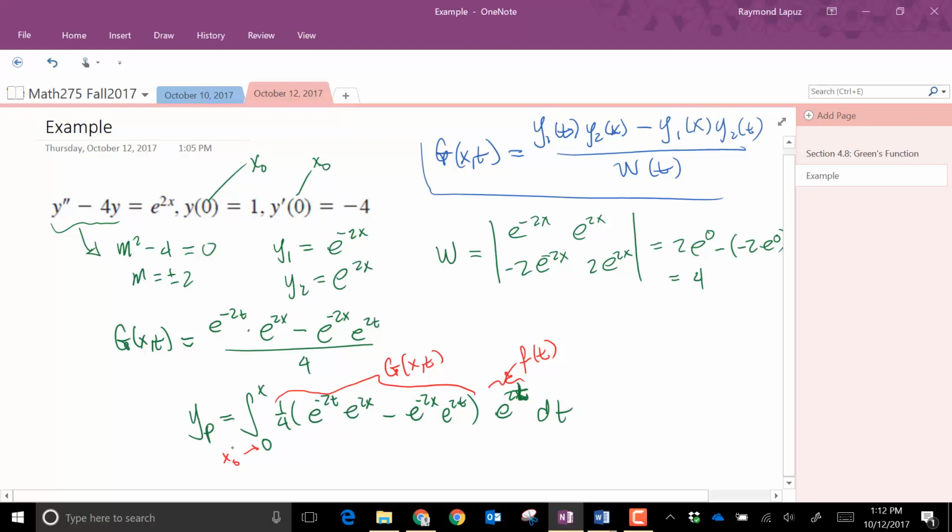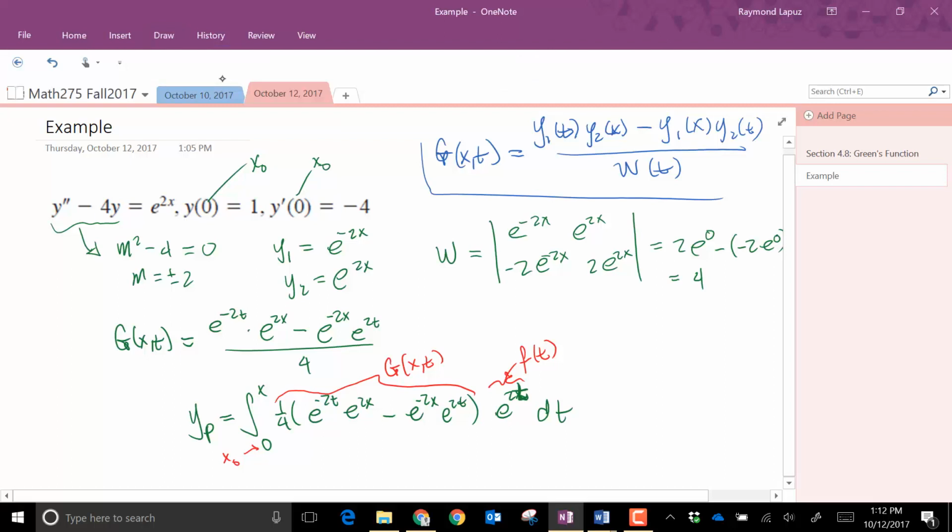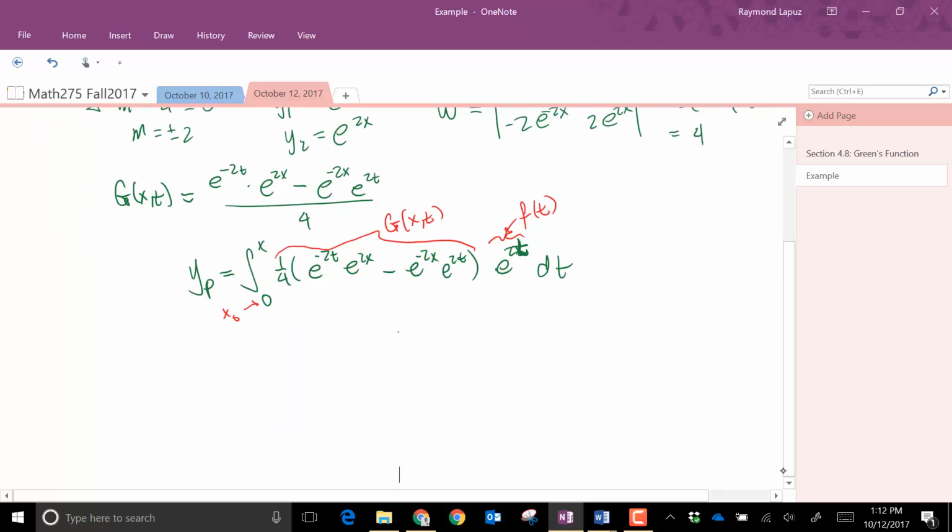Okay, so those are the pieces of the puzzle. And then we just integrate, I guess.